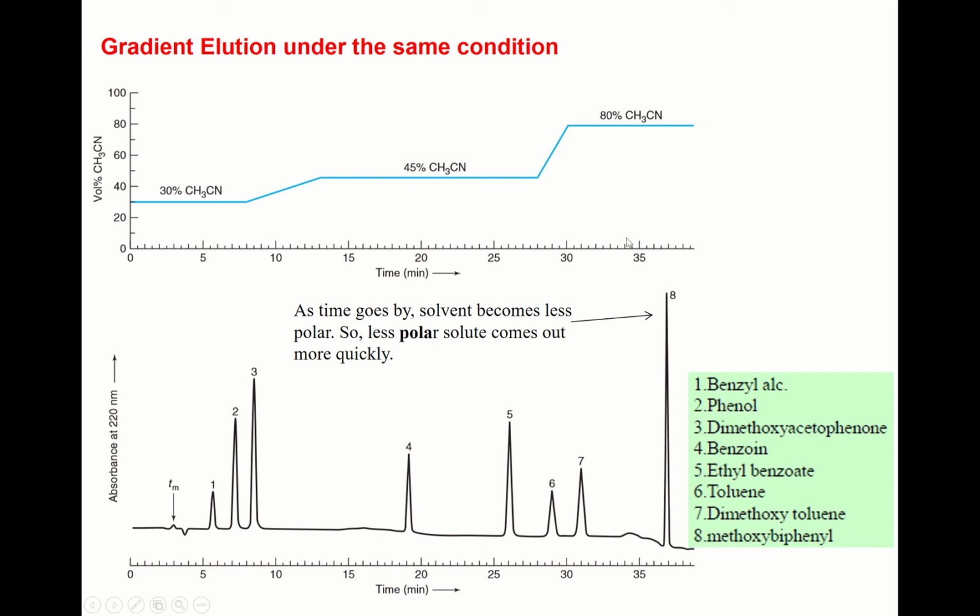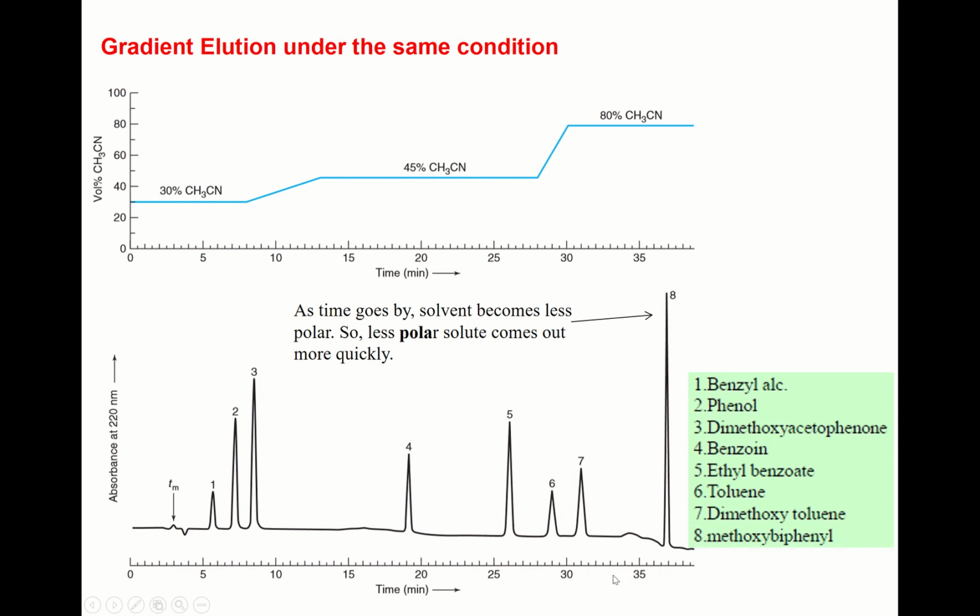This is called gradient elution. But since it is segmented, it is also called segmented elution. It has 1, 2, 3 segments. In this part is the gradient elution. And with this elution programming, here is the result.